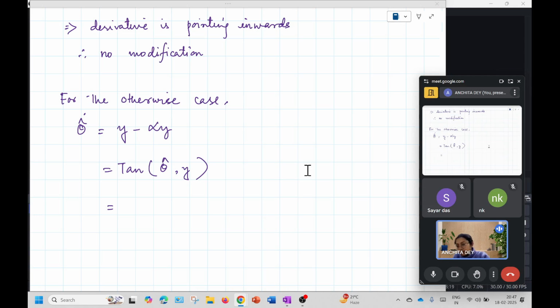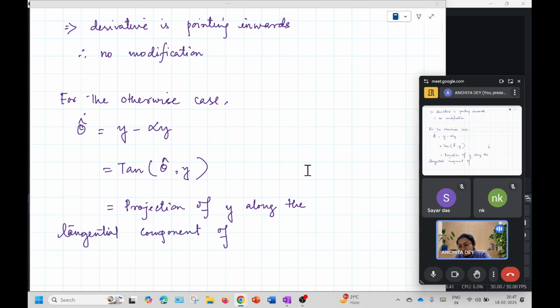Well, the tangential component is basically the projection of y along the tangential component of the derivative. So which is along the tangential component.